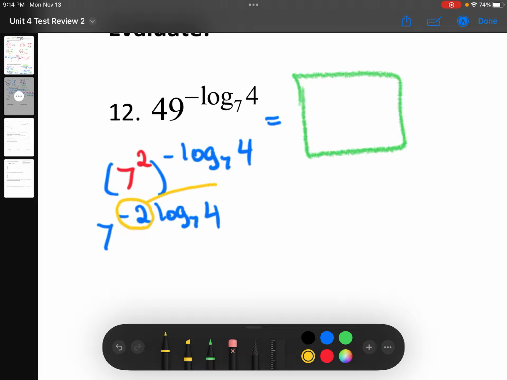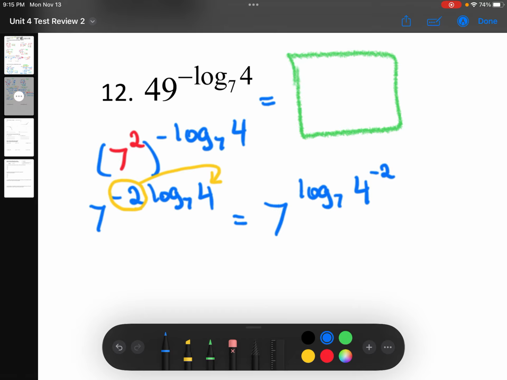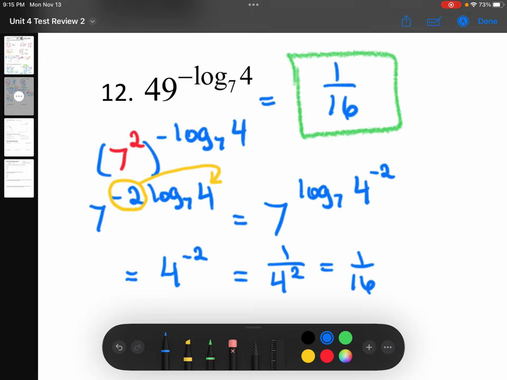That negative 2 coefficient in front of a log becomes an exponent. So that is 7 to the power of log base 7 of 4 to the negative 2. 7 to the power of log base 7 is going to equal 4 to the power of negative 2, which is 1 over 4 to the power of positive 2, which is 1 over 16.